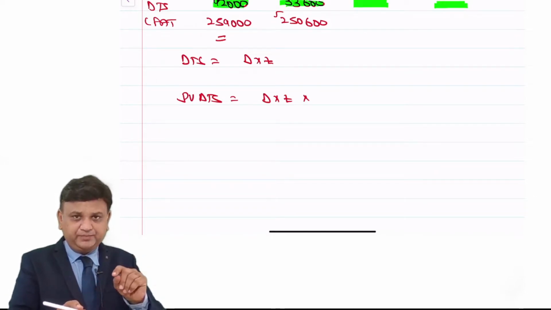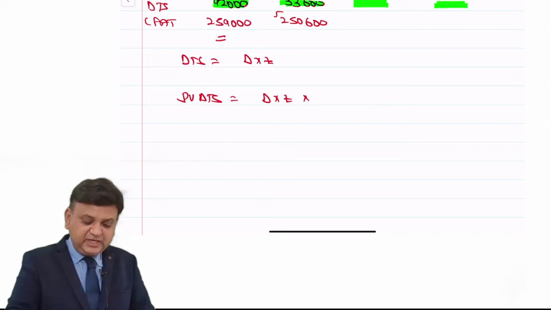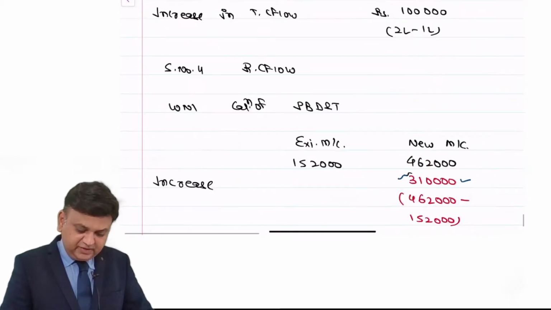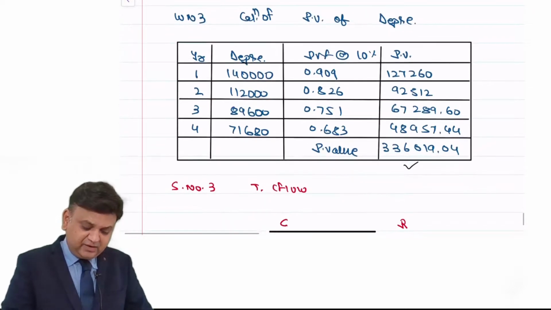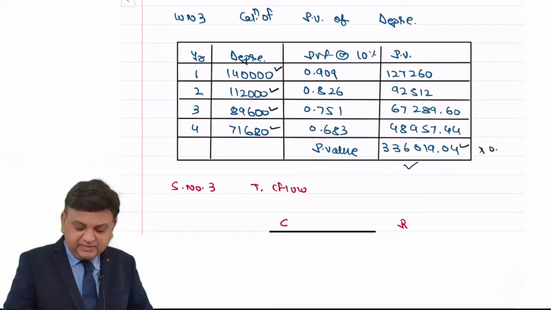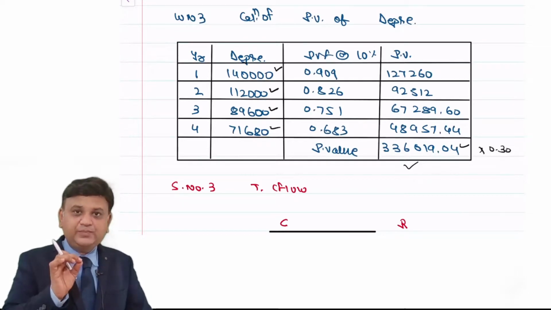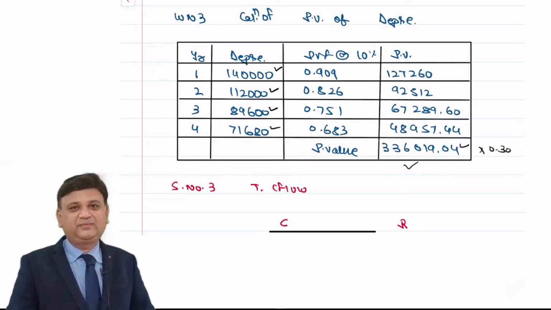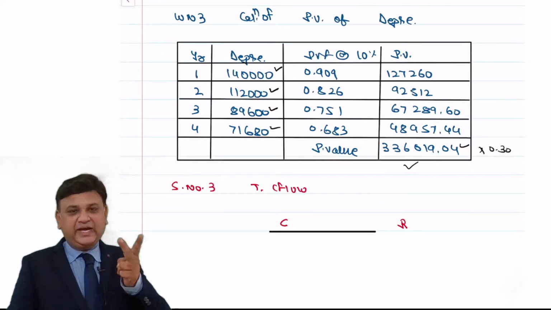So now the working that we have done is, listen carefully, we have calculated the present value of the depreciation, and multiplying it by the income tax rate gives the present value of depreciation tax saving. See, depreciation into tax rate is the depreciation tax shelter.